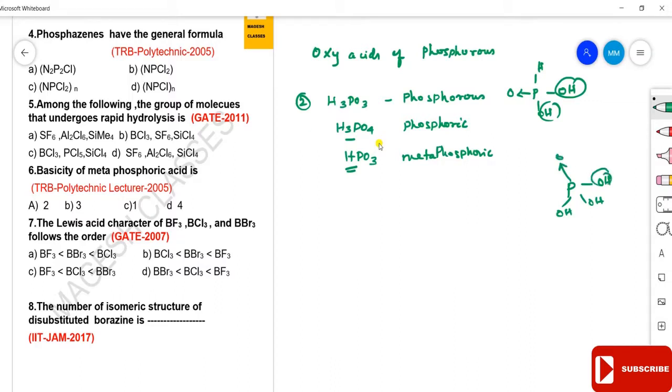So the basicity of phosphoric acid is 3. And metaphosphoric acid has only one replaceable hydrogen atom, one coordinate covalent bond, and the remaining are oxygens. So the basicity is 1. So what is your answer? The basicity of metaphosphoric acid is 1. The answer is C. The question is solved.